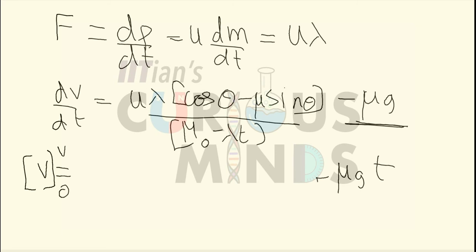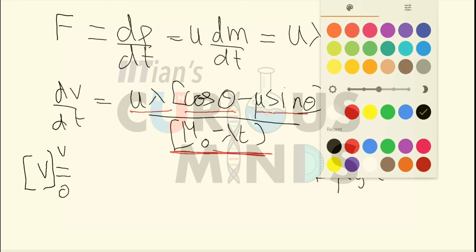Now let us find out what are the constants and what are the variables. u and lambda are constant, because the velocity of the bullet is constant, and lambda, the number of bullets fired per unit time, is also constant. Theta is constant, mu is constant, sin theta is constant, but this is the variable which can be integrated with respect to t. So the rest of the terms I will take as constant.